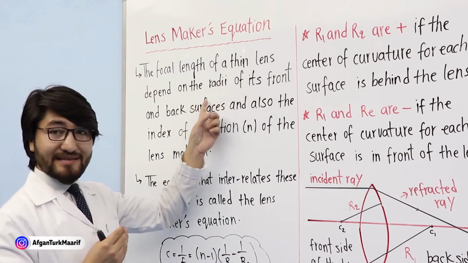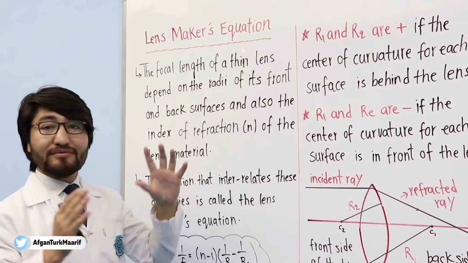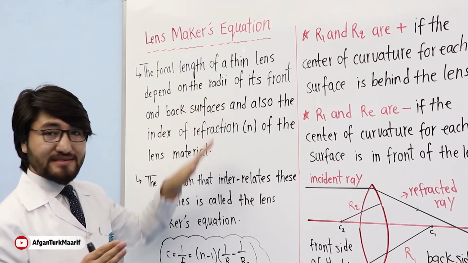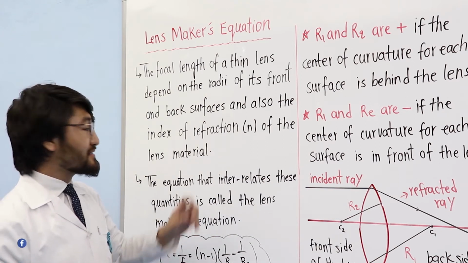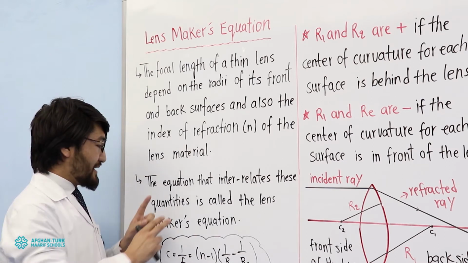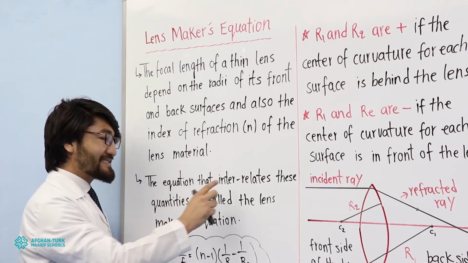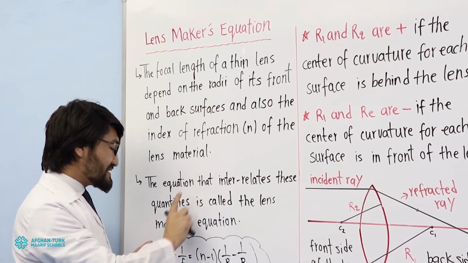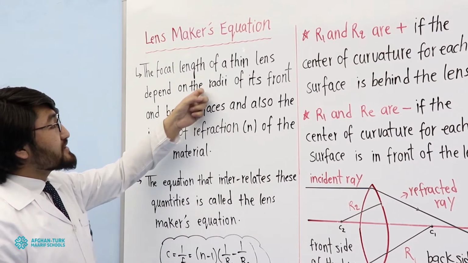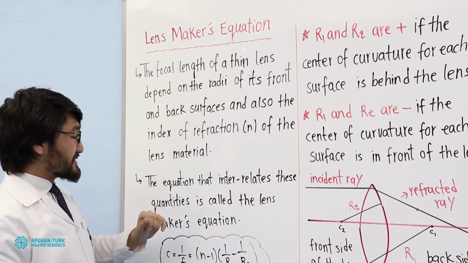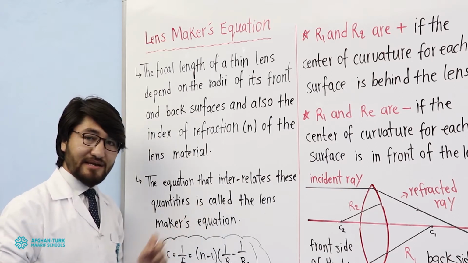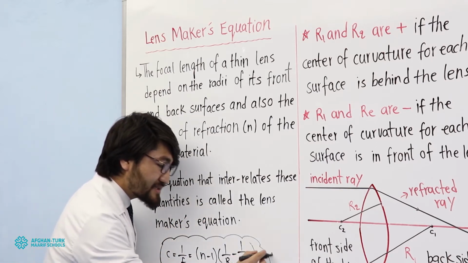The equation that interrelates these quantities, the radii of its front and back surfaces and the index of refraction, is called the lens maker equation. This is the lens maker equation.